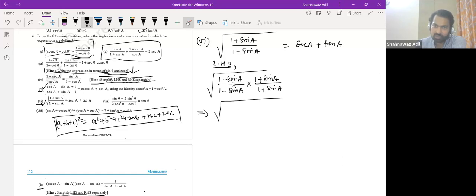This is 1 plus sine A, this is 1 plus sine A. Then what is A into A? Remember, we have a square. First we simplify this, then we think about cos. So, what is 1 plus sine A into 1 plus sine A?